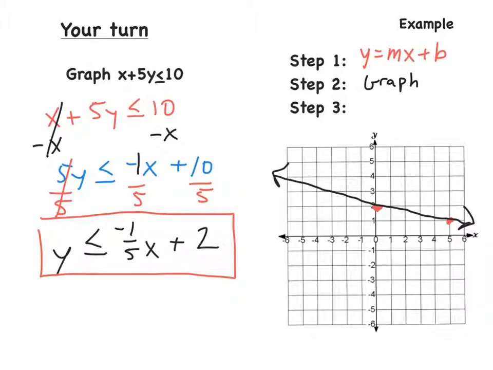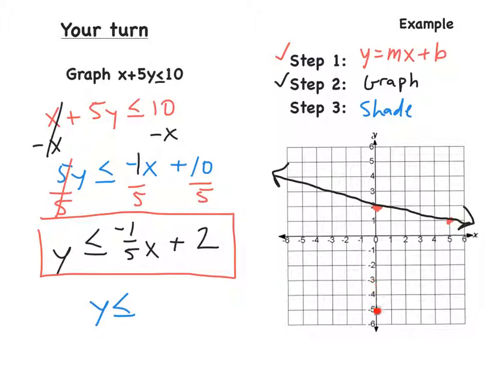Now, step 2 is finished. So step 1 is done, step 2 is done. Step 3, all that was left is we have to shade it. Now think, we need y is less than or equal to. So y is less than the line. Since it's less than, I want all of the y's that are less than the line.